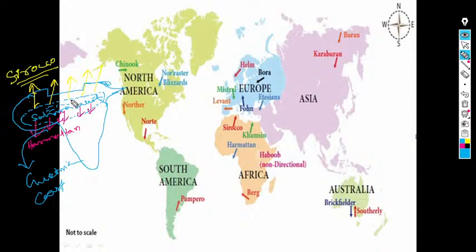And here we see the Sirocco from the Sahara desert towards the Mediterranean Sea. This is the major one, Sahara desert to Mediterranean Sea.